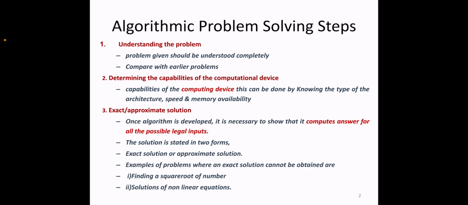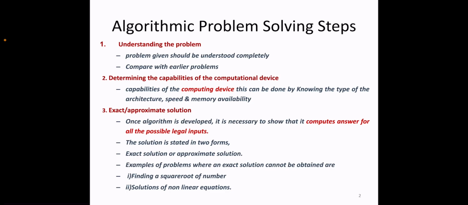The solution is stated here in two forms: an exact solution or an approximate solution. An exact solution means for this problem, this is the correct solution. An approximate solution means like this solution you are going to give, this is the way you are going to solve your problem.